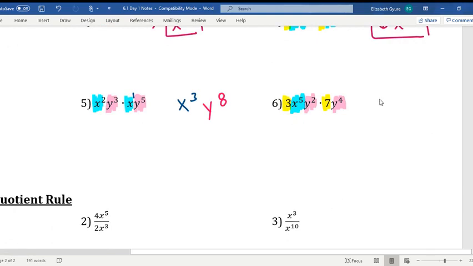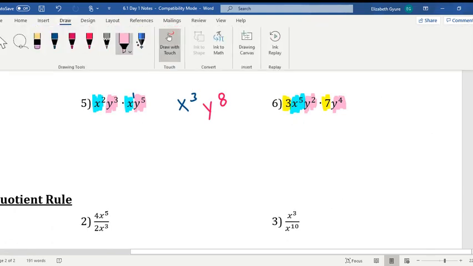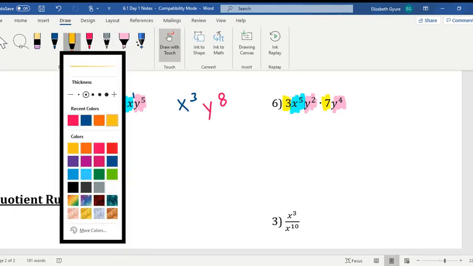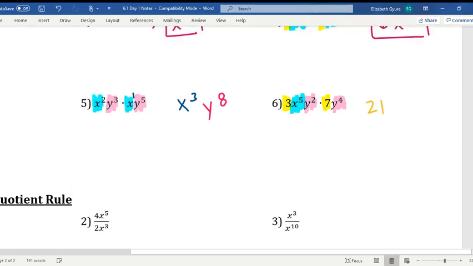So just combine. This is why I color code this. Combine what goes together. Ladies and gentlemen, what is 3 times 7? Come on, guys. Show me we're paying attention. What's 3 times 7? 21. Do we understand why I took 3 times 7? Because I have a whole number 3 times 7 right here. Now I have my x to the 5th.